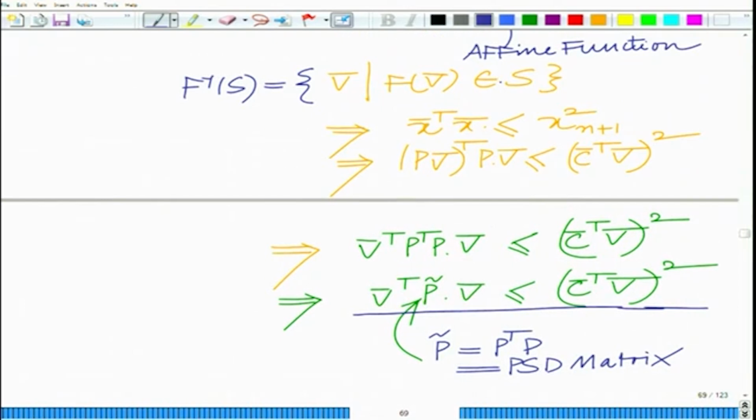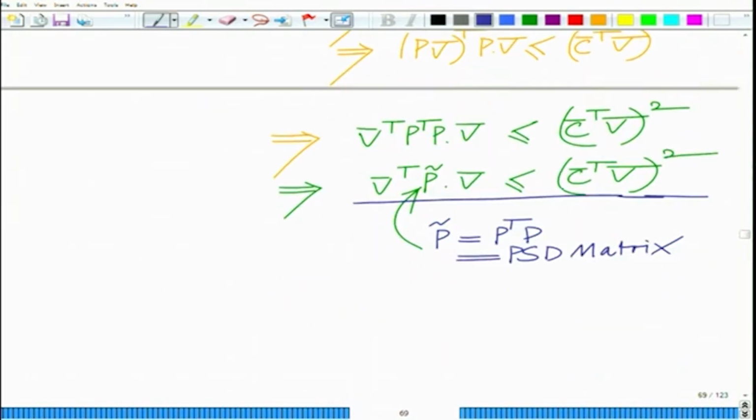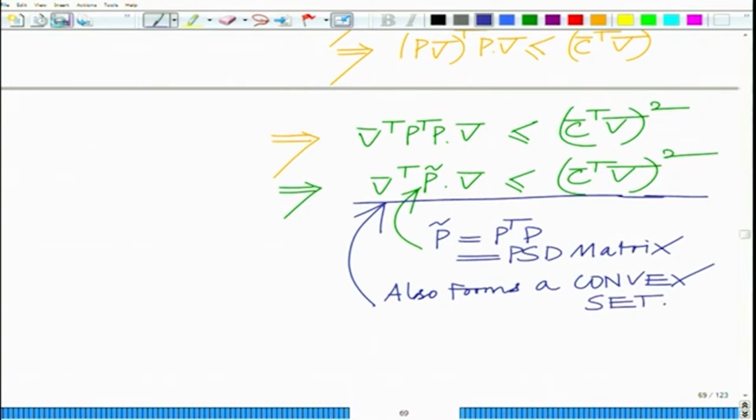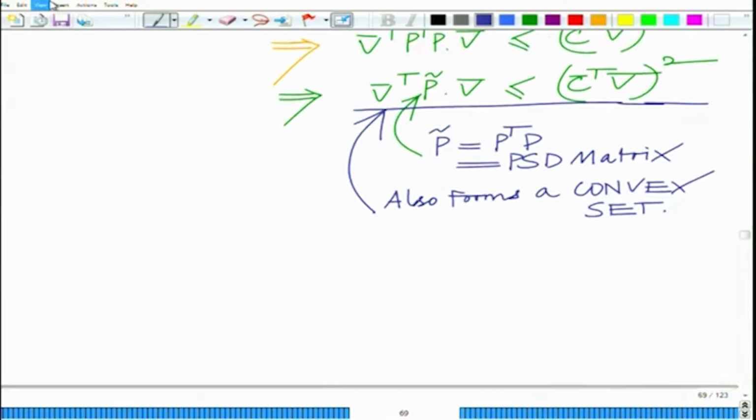So, the v bar, which is the set corresponding to the affine precomposition, also forms a convex set. And in fact, this is a convex cone.